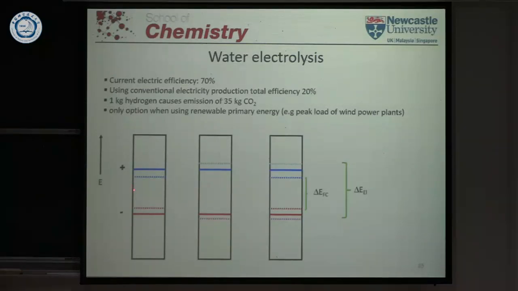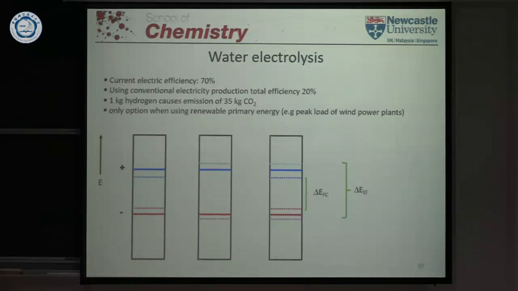When I use electrolysis, then I have to apply a voltage that's much larger than that. And on the other hand, when you look at, actually, sorry, I made a mistake here. This is the equilibrium potential, not the dashed line, but the solid line. Yeah, and this is actually the distance of 1.23 volts.